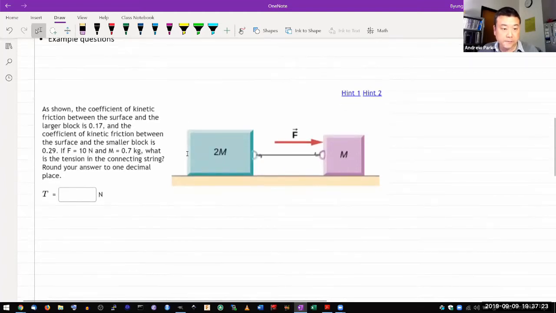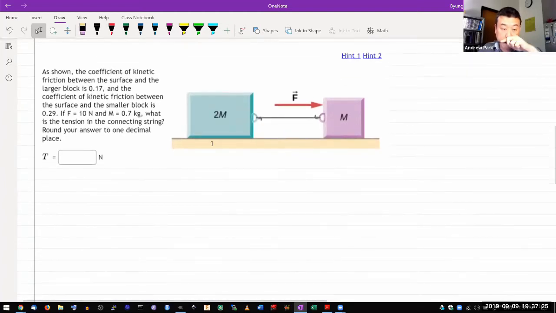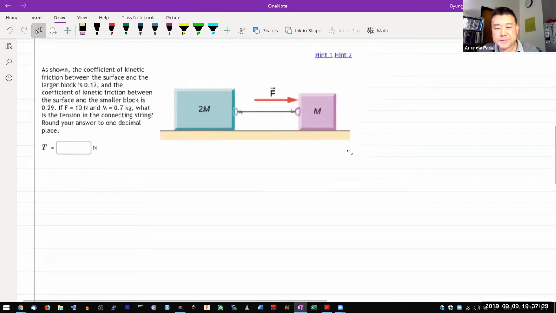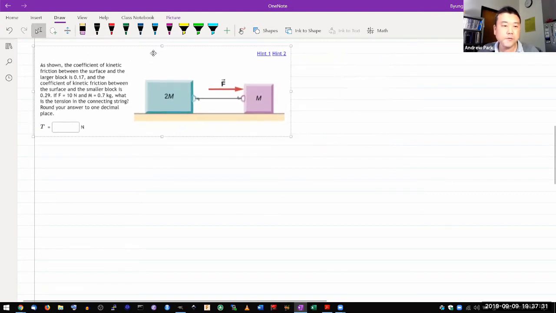So these are taken from your homework this week. I was looking through the homework, and I was specifically looking for a question that involved multiple objects, because those are really the situations where you do need to use a standard strategy.